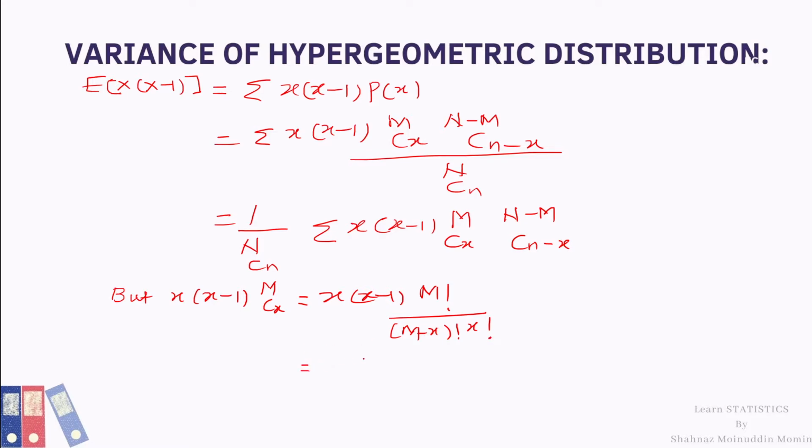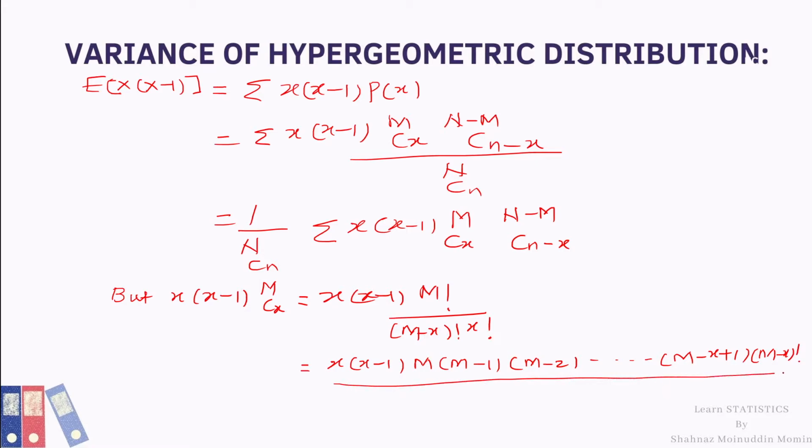This can be written as x into x minus 1 m into m minus 1 into m minus 2 up to m minus x plus 1 into m minus x factorial upon m minus x factorial into x into x minus 1 into x minus 2 factorial.